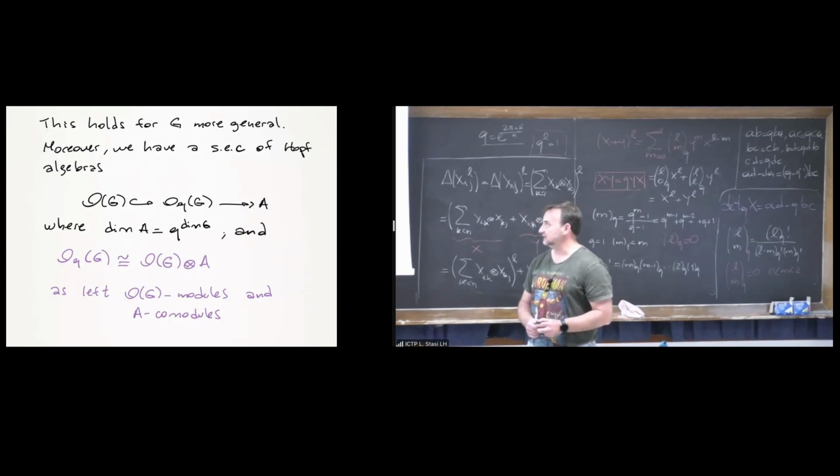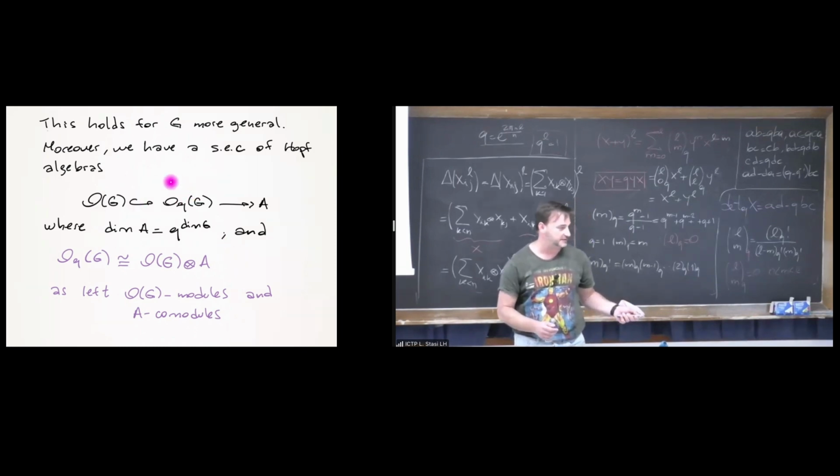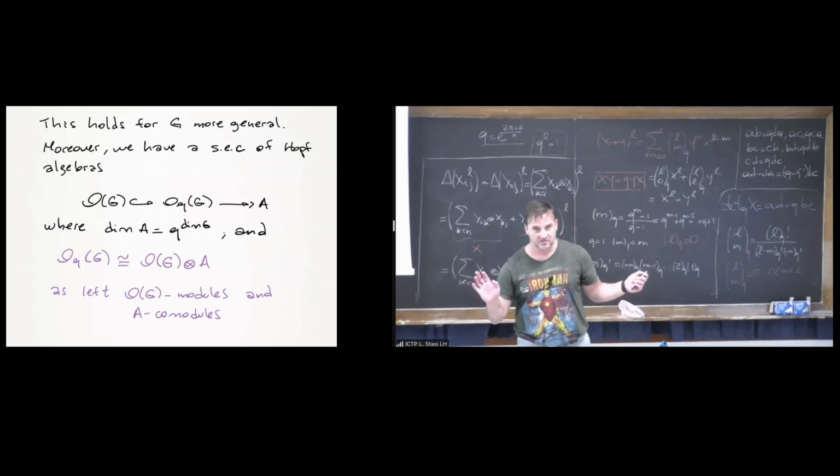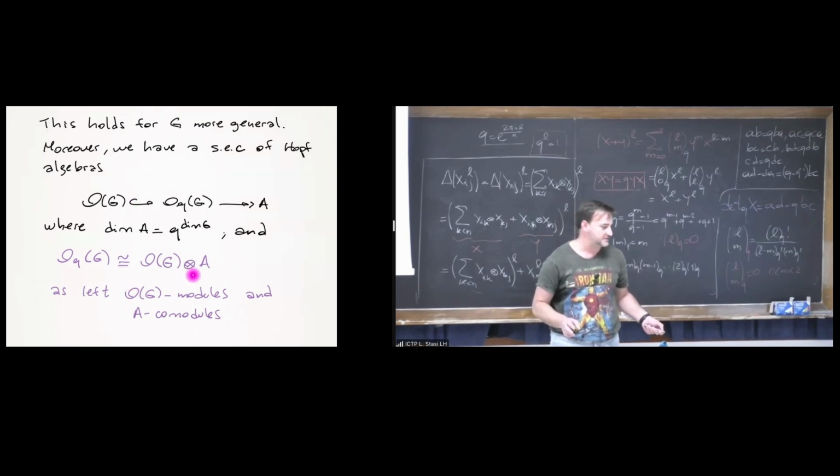And this is difficult to prove in general, that we have a cleft exact sequence of Hopf algebras. Doesn't matter, this is very technical, but when we prove that, we are saying, don't worry, the quantum group, as strange as it might be, is the classical function algebra and something else that is finite dimensional.